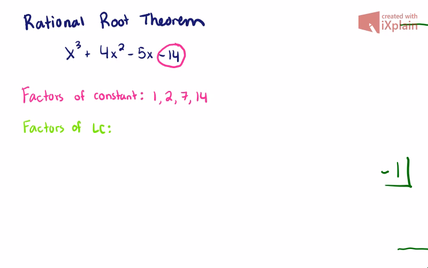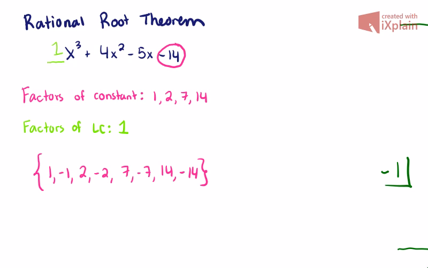The leading coefficient's just 1, and the only factor of 1 is 1. This makes our list nice and simple. Our list of possible numbers is 1, negative 1, 2, negative 2, 7, negative 7, 14, and negative 14.